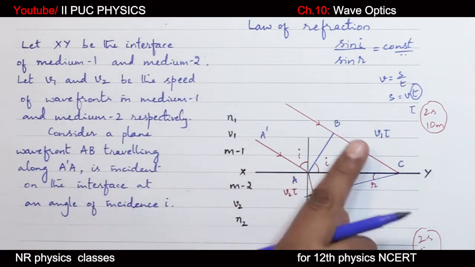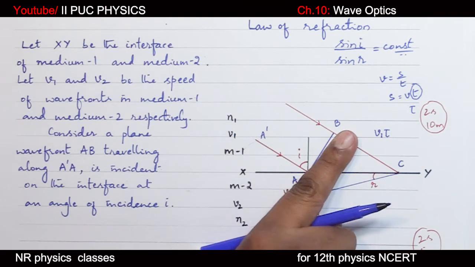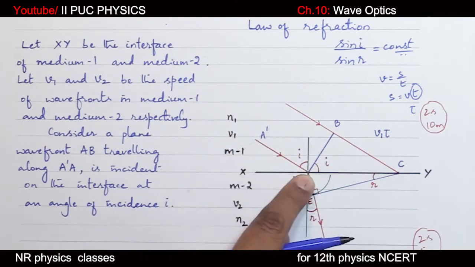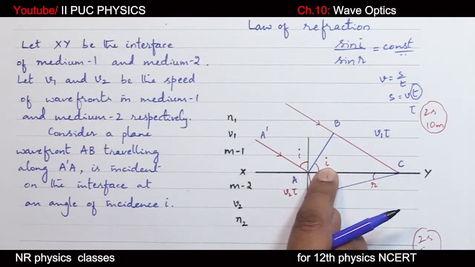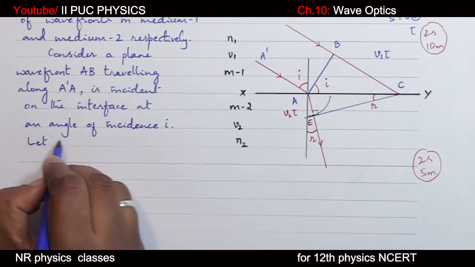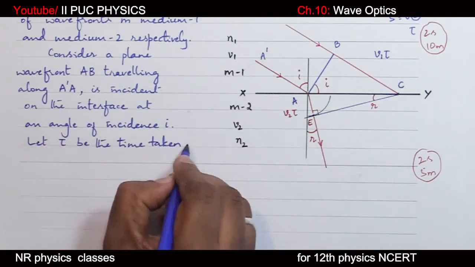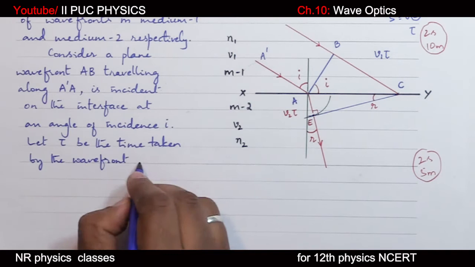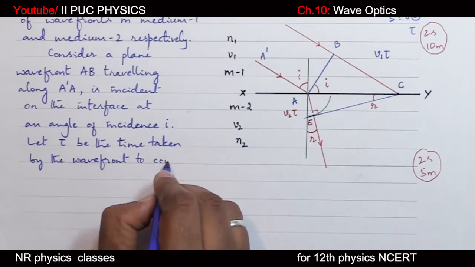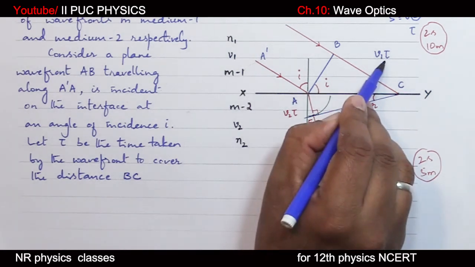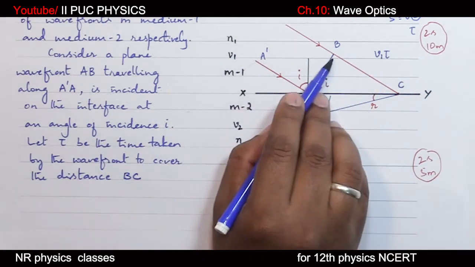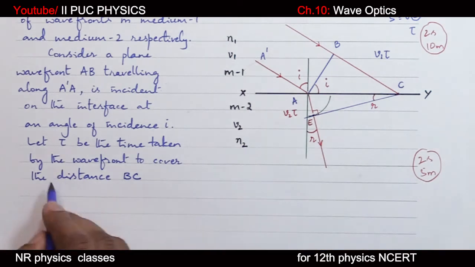Consider a plane wavefront AB traveling along AA' is incident on the interface at an angle of incidence I. Let tau be the time taken by the wavefront to cover the distance BC.